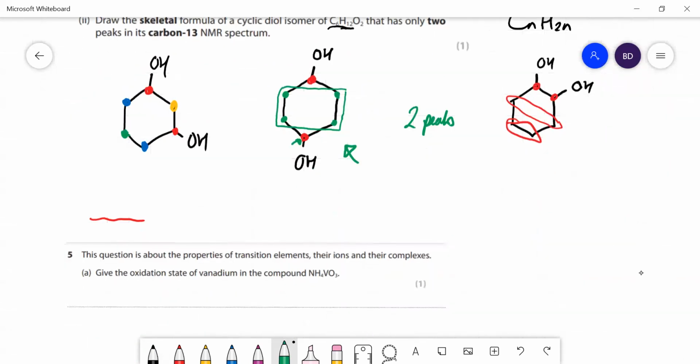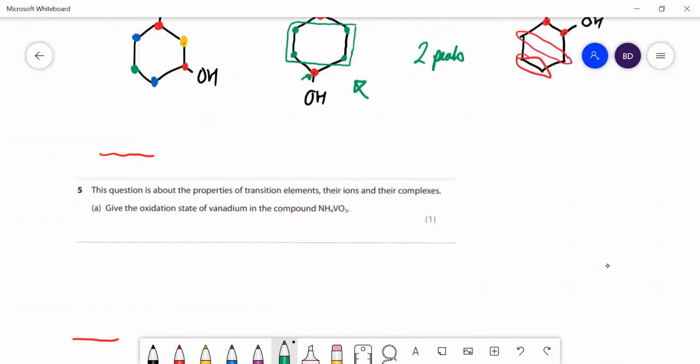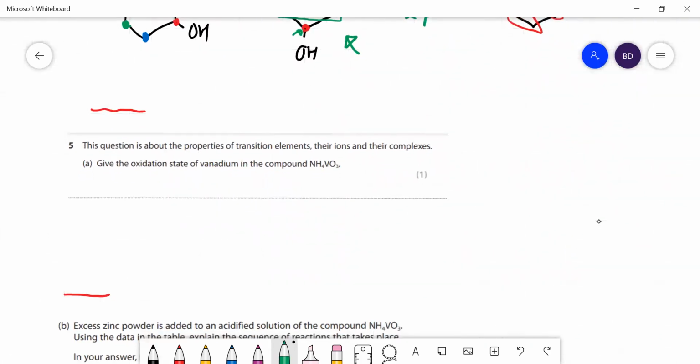Okay, so transition elements, they're ions and they're complexes. The oxidation state of vanadium in the compound NH4VO3. Well, we know that the ammonium ion is always NH4+. So that means this VO3 ion must have a charge of -1. Then we're going to use sum of the oxidation numbers is equal to the charge on the species.